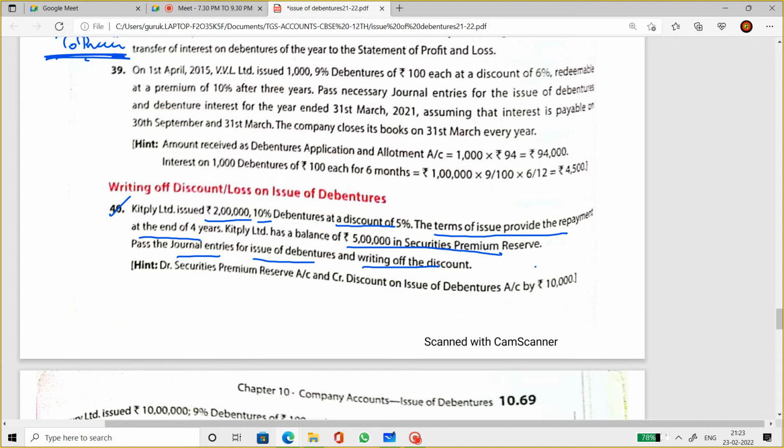Fair enough. If 5% is the discount, then what we collect is 95% of the face value. So 2 lakh into 95% will be collected at the stage of application. That would be the journal entry concerning that. Now let's see the journals for this.